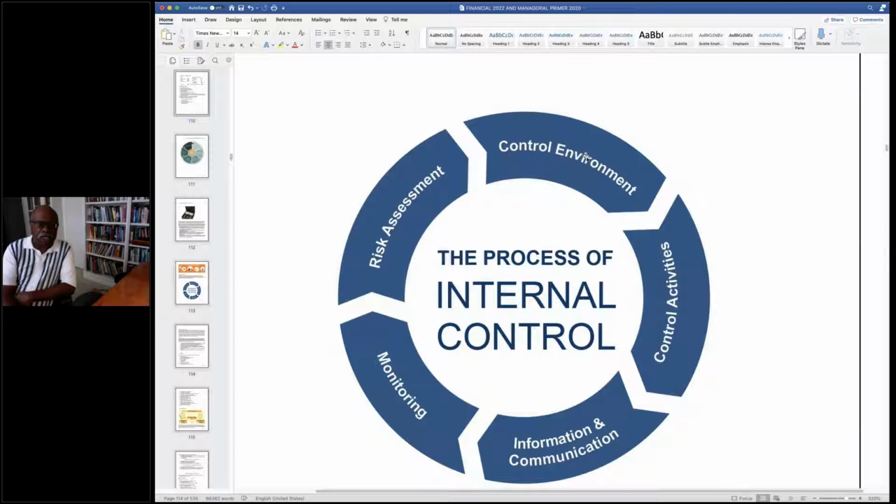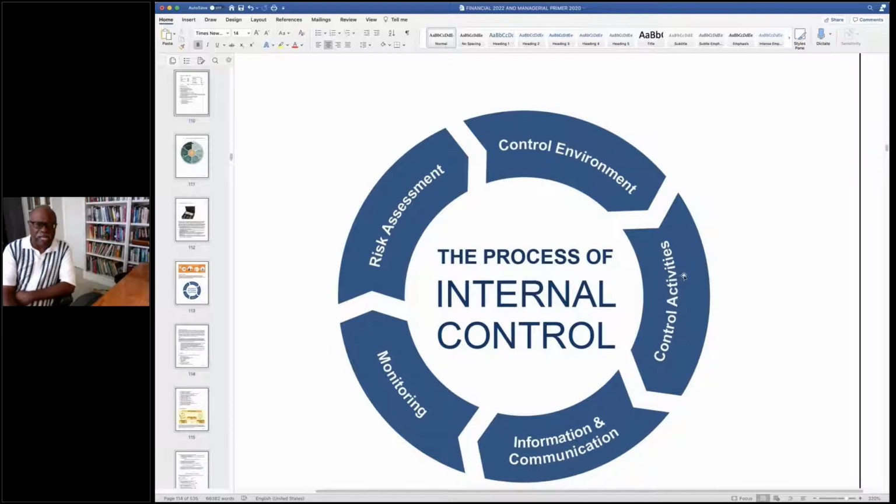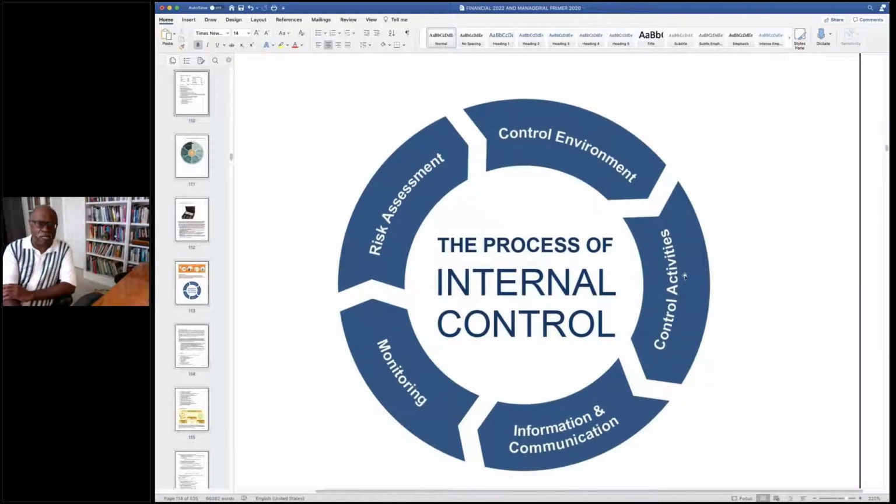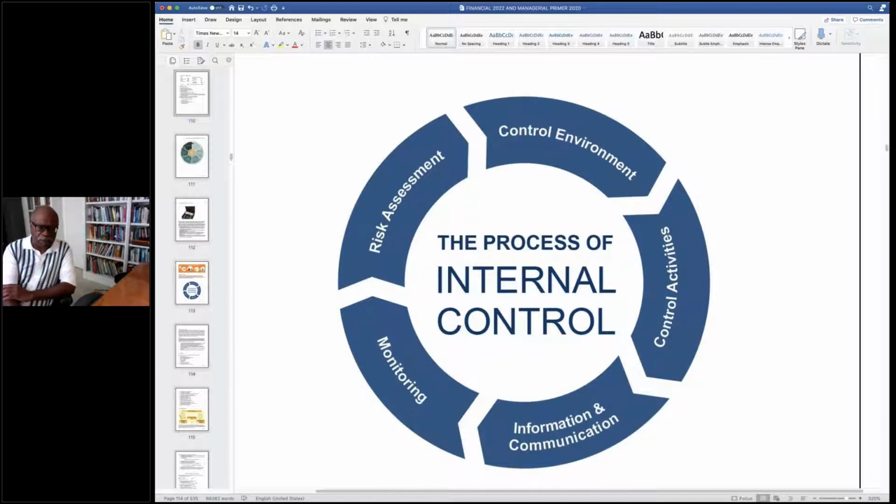The control environment, we have to make sure that our environment is ethical. And if you're going to work for a company, you want to go for a company that has an ethical work environment. So that's the first thing we looked at. Then we have to have activities that aid in the control: cash registers, computers, programs, internal auditors.